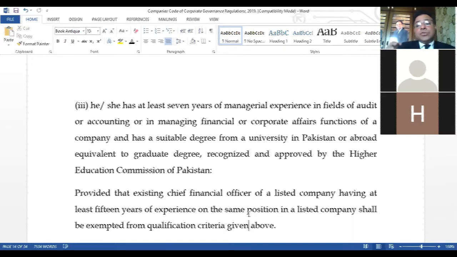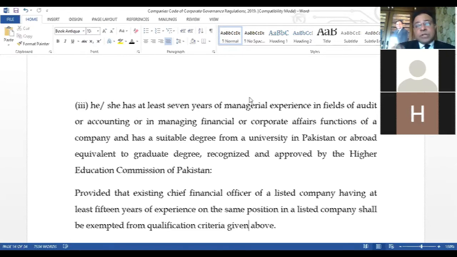Absolutely. So you see, in terms of experience, if the CFO has the basic qualification and has been serving in another listed company for a reasonable period of time, then he can be exempted from that stringent criterion in terms of qualification, because it is deemed appropriate that someone who is serving in the listed companies is well acquainted with the policies of the sector.